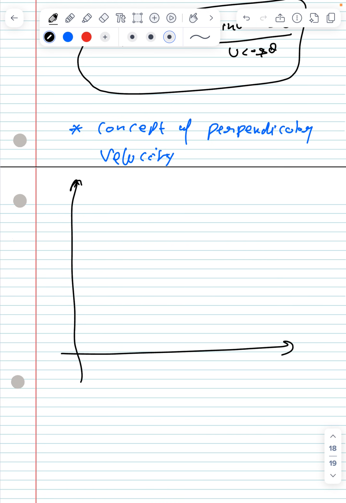And for the next calculations, the concept of perpendicular velocity.